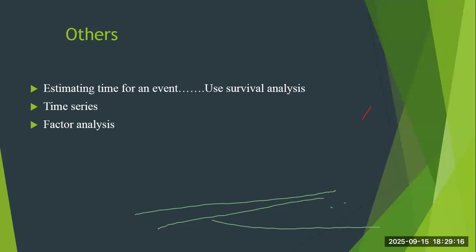You're looking for an event, which can be recovery, response to treatment, death, or anything. You define what your event is. If your study is that way, you do what we call survival analysis. There are different forms of it. The common one is Kaplan-Meier. There is also the Cox proportional hazards, but I will not bore you; just know that you're doing something on survival analysis.